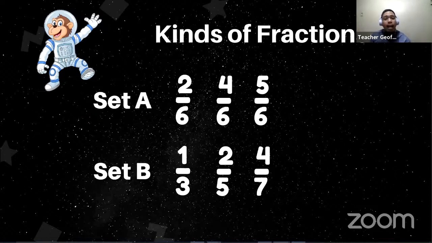Set A is a different kind of fraction compared to set B. Now, I'm not sure if you're able to see it clearly, but kids, let's look at set A first. Can you see something similar with the fractions? Meron ba tayong nakikita na parang kapansin-pansin?